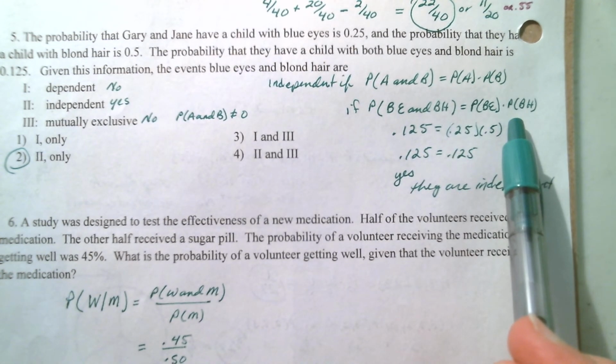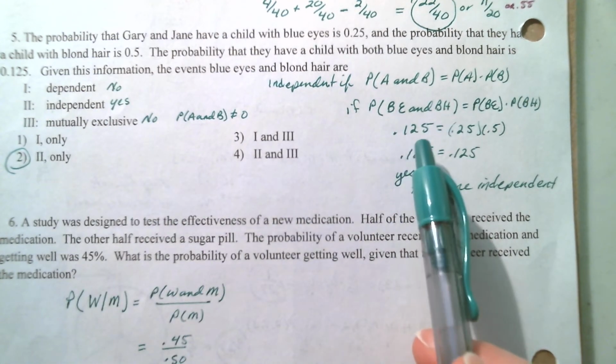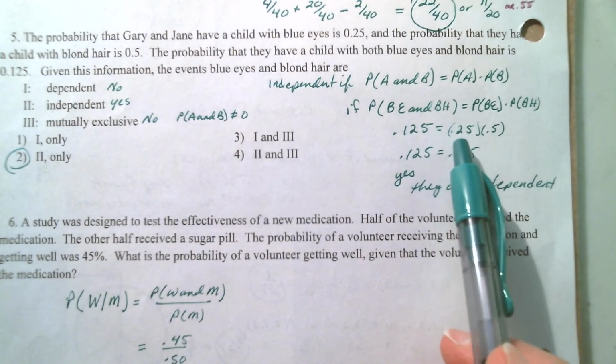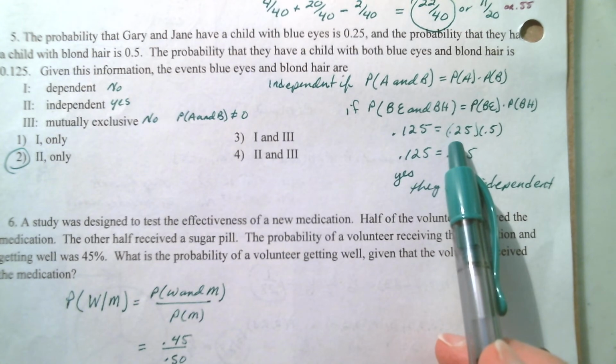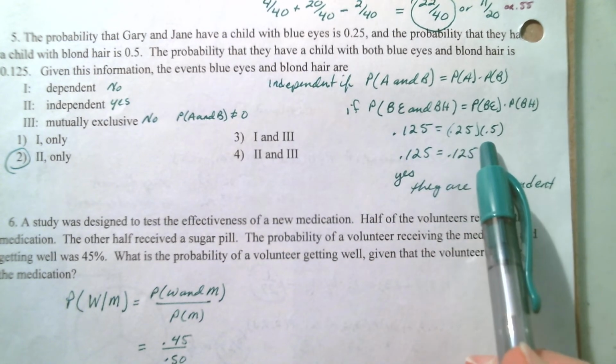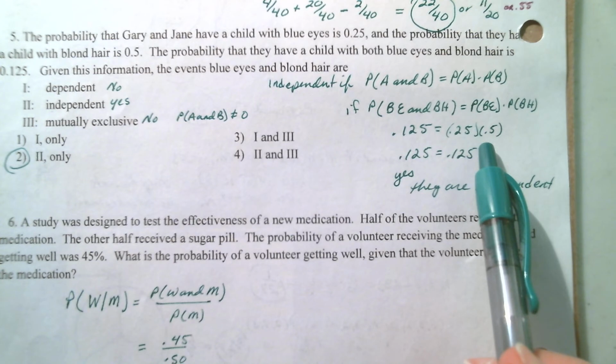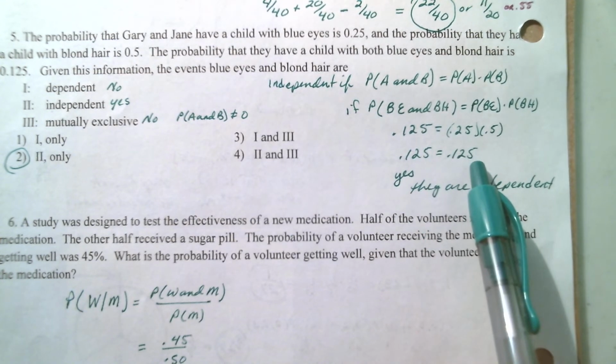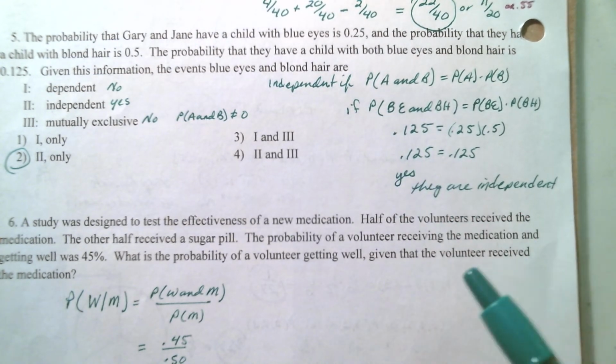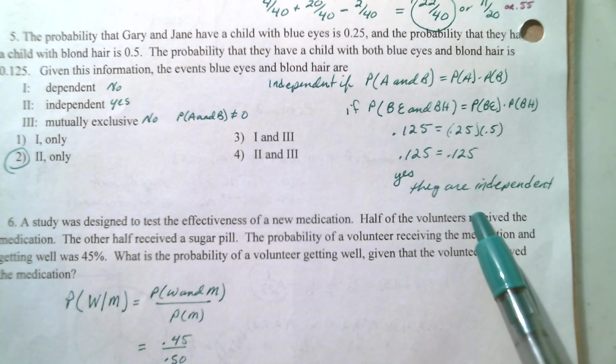So blue eyes and blonde hair was given to us to be 0.125. Does that equal probability of blue eyes 0.25 times probability of blonde hair 0.5? And yes, it does. 0.125 equals 0.125. So yes, they are independent.